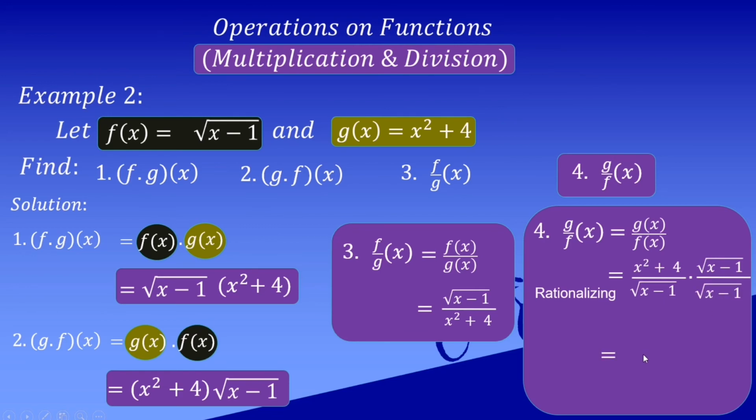Then multiply numerator by numerator, the quantity x squared plus 4 multiplied by the square root of x minus 1, over the square root multiplied by another square root. That leaves x minus 1, the same expression. Copy it. That would be the result for g of x over f of x.